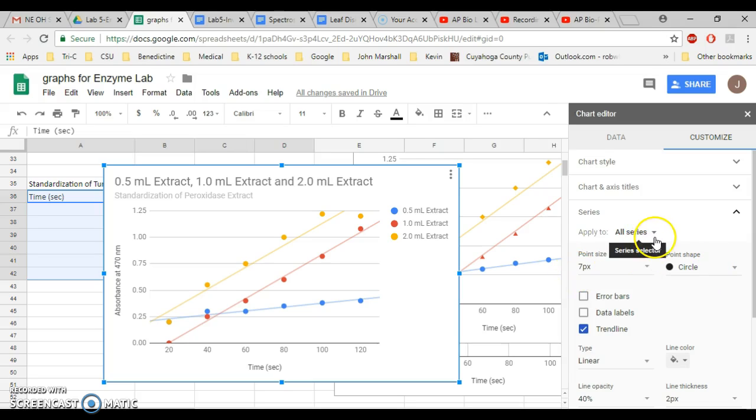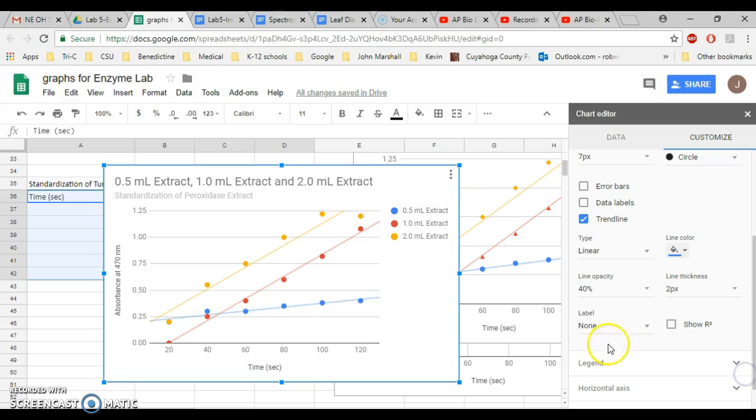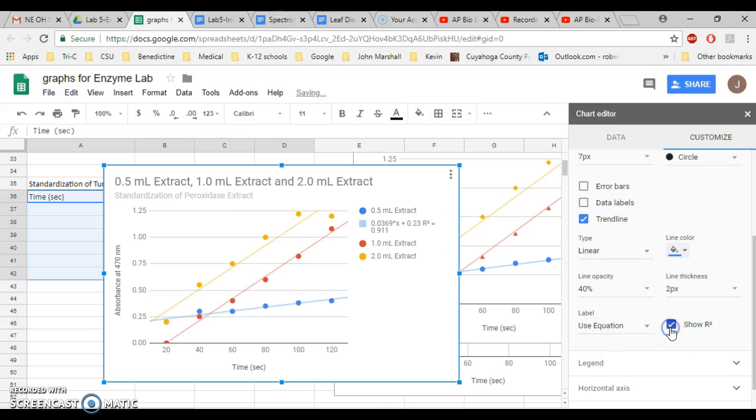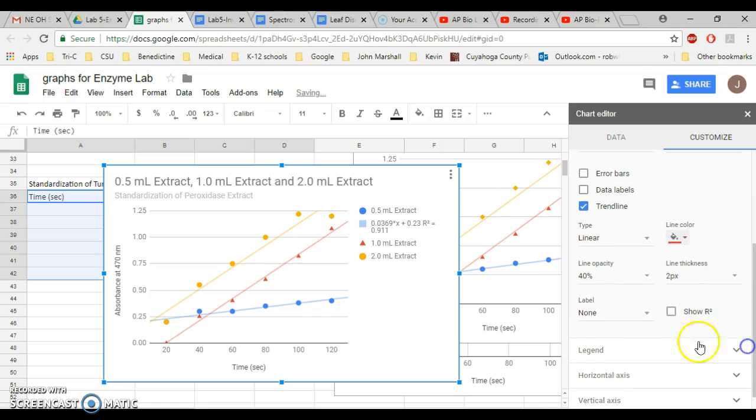Okay? If you go under Apply to each one of these in turn, you can scroll down, select Use Equation and R squared, and it will tell you how good your line is. Okay? Remember that we want this in the linear range, and we want our numbers to be a good level of absorbance, but not too high.